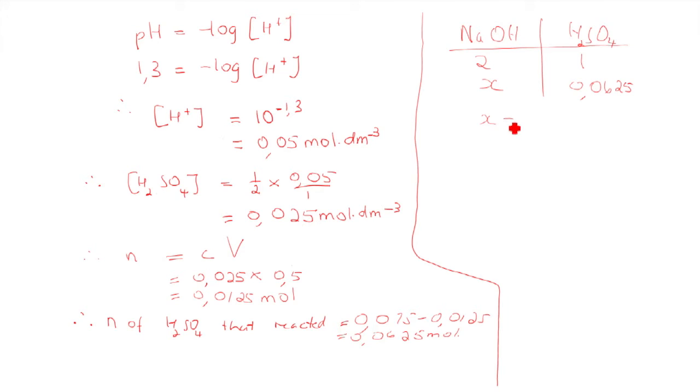X will be equal to 2 multiplied by 0.0625. When you multiply that by 2, you get 0.125. So n for NaOH will be 0.125. There you go, guys.